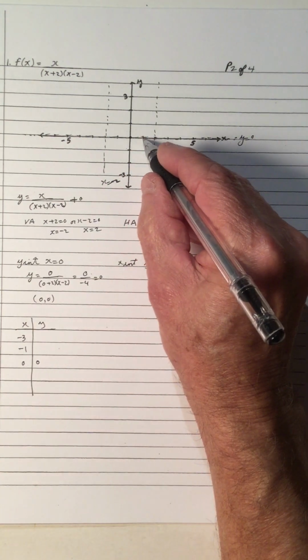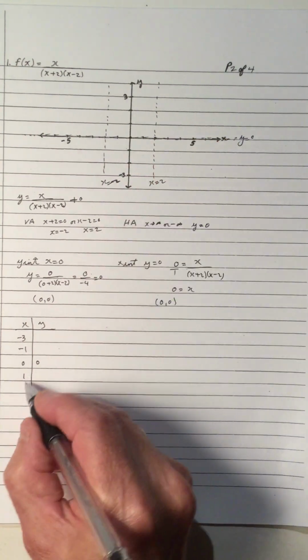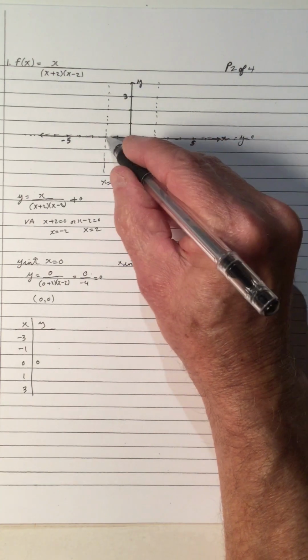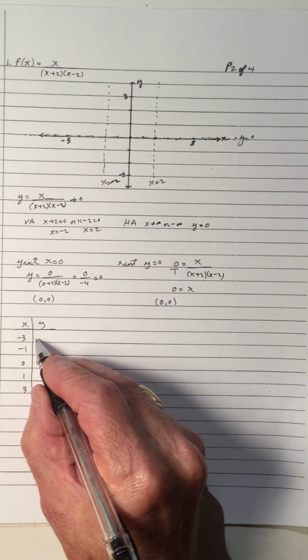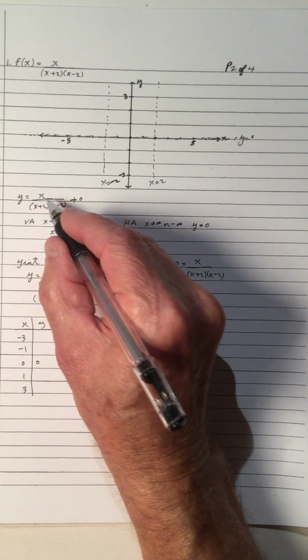And let's look at over here, which is 1, and on the other side, which is negative 3, because we know that 2 and negative 2 are undefined. So what are we going to get for negative 3? The equation is right here.